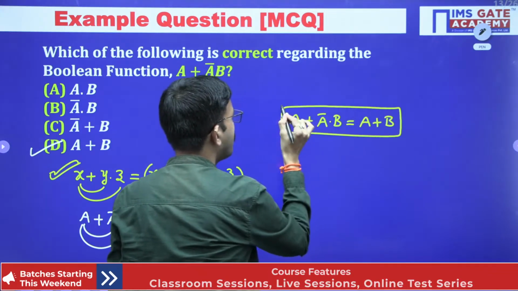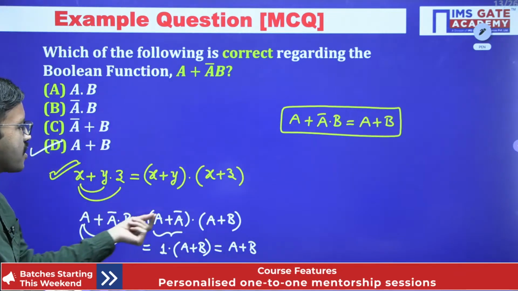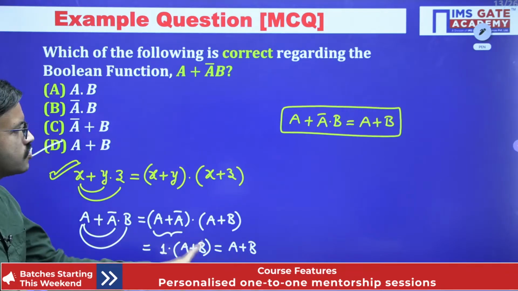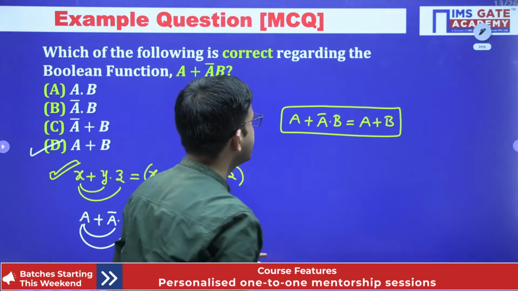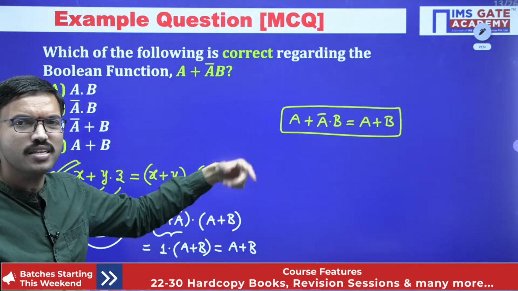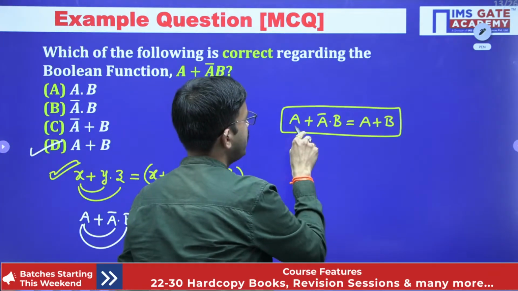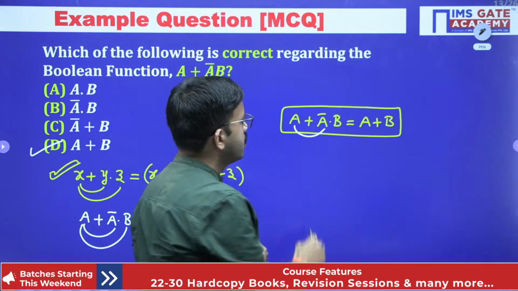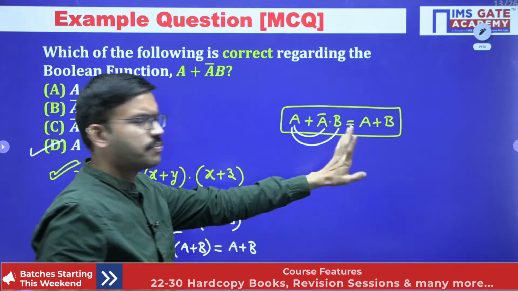Or even if you apply the distributive law, after 1 or 2 iterations you will get the same answer. Here a plus a bar is 1, so you will get a plus b, that's all.